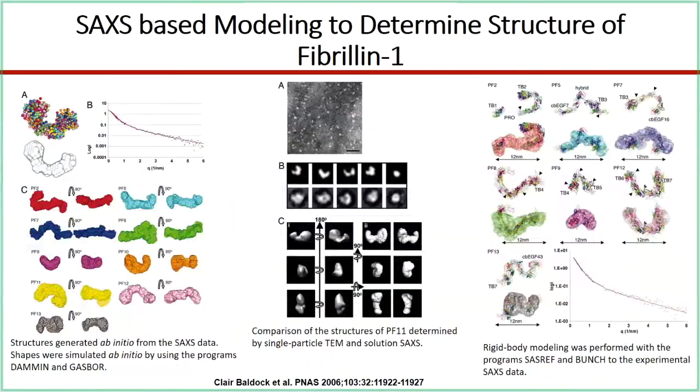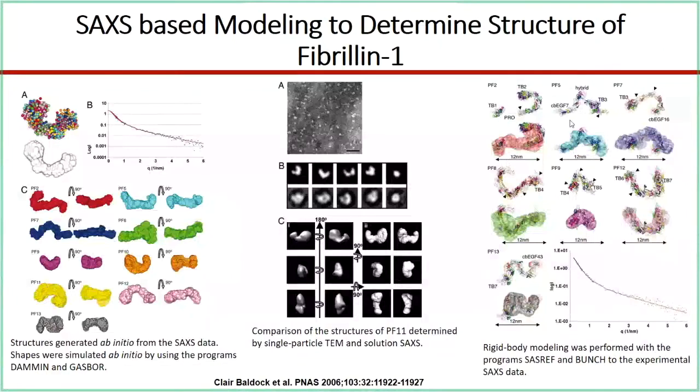But what really helped is a combination of SASREF and BUNCH to model each of these repeat fragments and then overlaying them into the ab initio envelopes. BUNCH they had to use to build these polyproline regions for which there was no structural information, and the linkers between these EGF domains were also not very well known, so they used BUNCH for that.